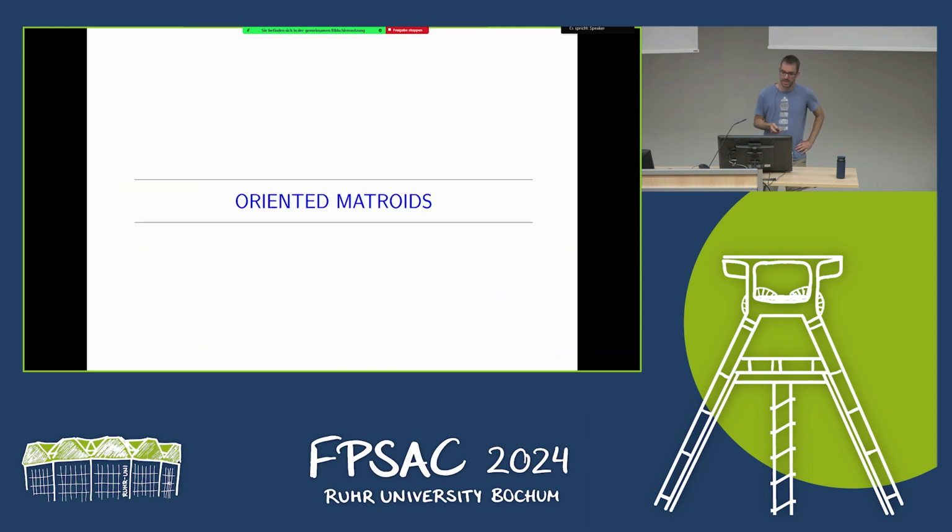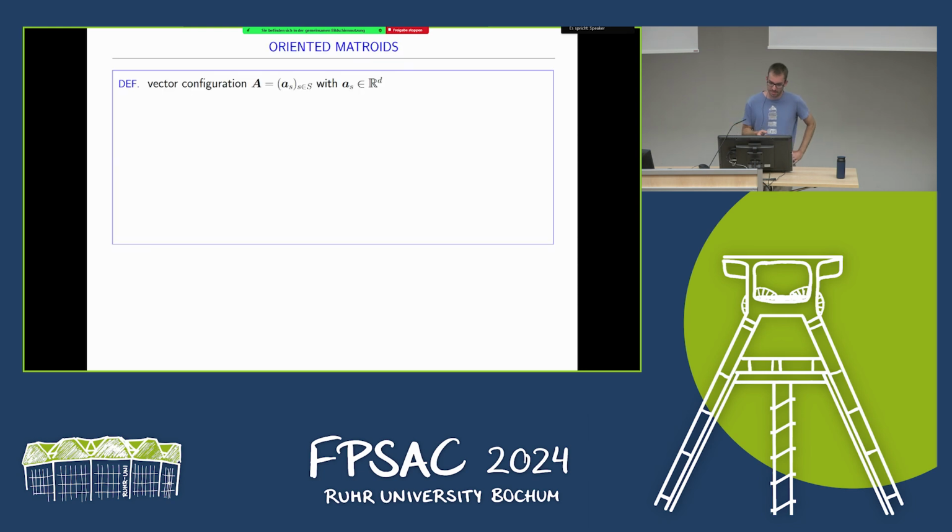Now I need oriented matroids. I will have to cheat a little bit and tell you what is an oriented matroid of a vector configuration. I start from a collection of vectors indexed by my ground set S, so there are vectors in R^d.